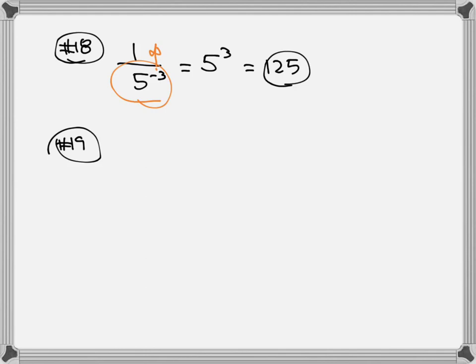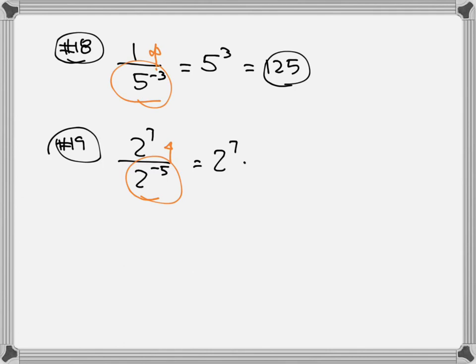Let's look at number 19. Number 19, we have 2 to the 7 over 2 to the negative 5. Again, we don't want the negative exponents. Every time you have negative exponent, you want to change to positive exponents. So my negative exponent is at the denominator. Therefore, I go move that to the numerator. Numerator stays the same, 2 to the 7. Denominator moves up.